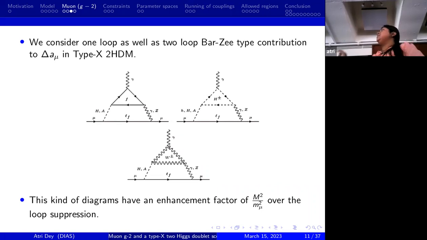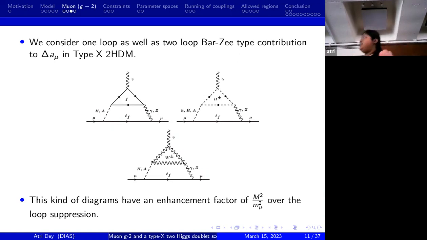But along with the one-loop diagrams, the major contribution comes from these two-loop Barr-Zee type diagrams. They have an extra loop suppression, but they have an enhancement factor of m²/m_μ², where m is the fermion or charged Higgs boson mass running in the triangle loop. If this fermion is the top quark or tau, there's a huge enhancement factor.